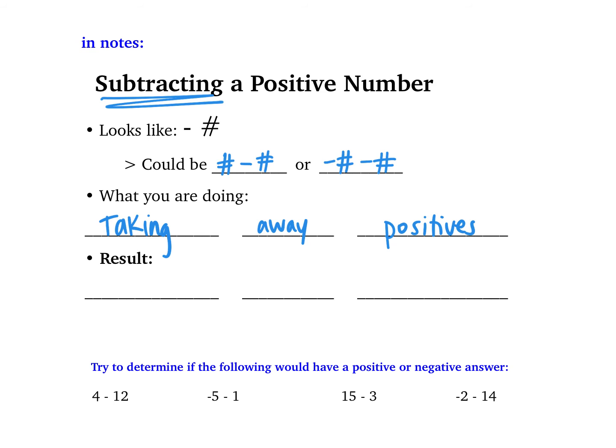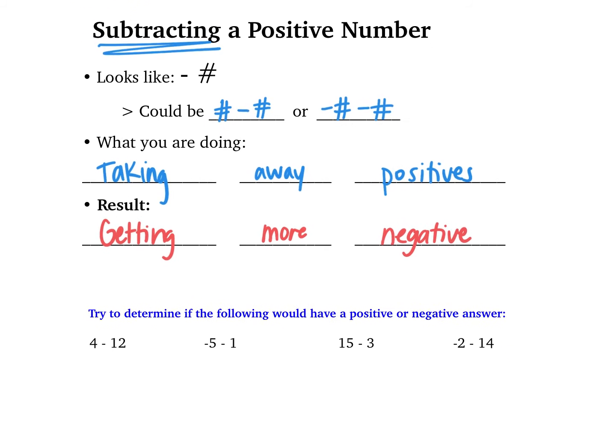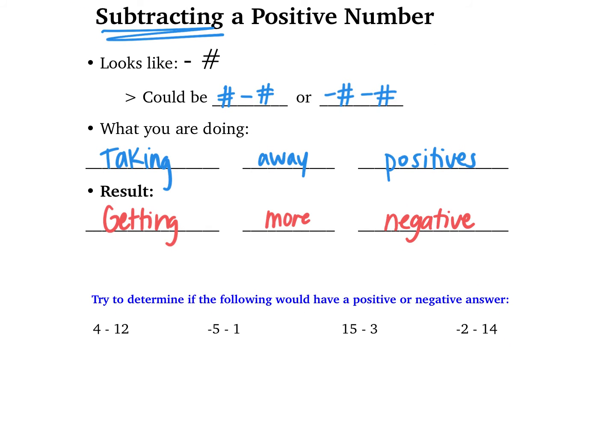Another way to say that you're getting less positive would be that you're actually getting more negative. So by taking away positives, you're getting less positive, and the same thing of less positive would be more negative. So we're going to go through these examples to talk more through how to expect if your final answer would be positive or if it would be negative.